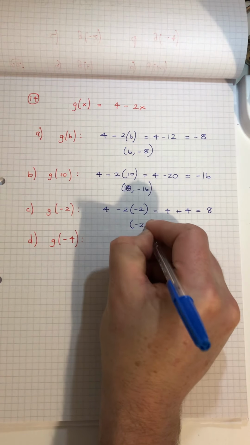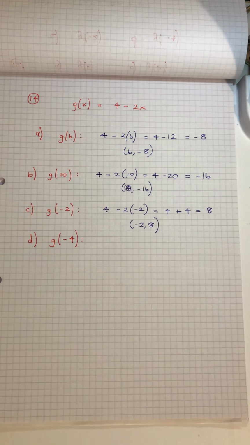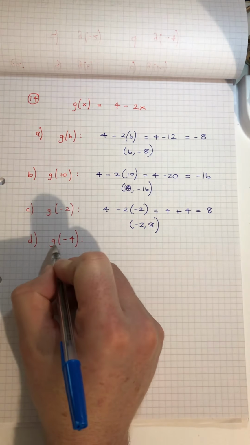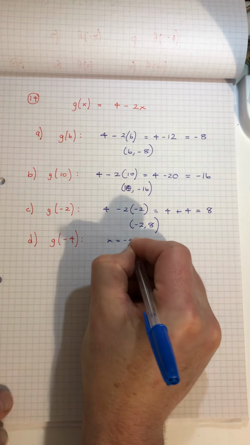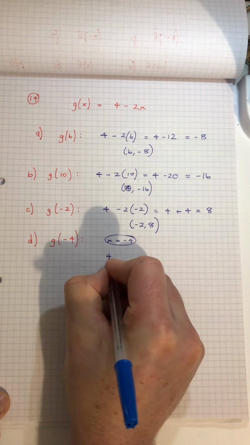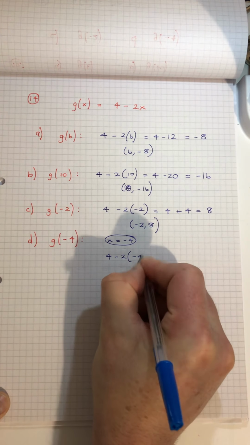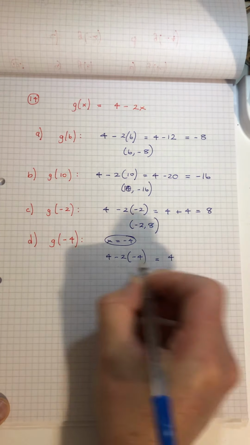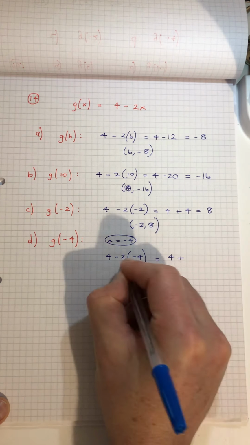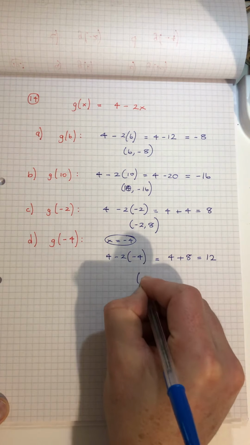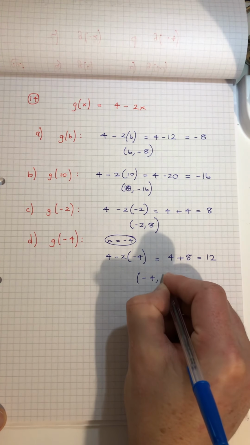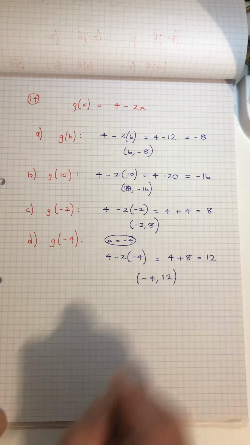So minus 2 and 8. And finally, when g of minus 4, so x is minus 4. Alright, so 4 minus 2, and in brackets minus 4, will be 4. 2 minuses give you plus, 2 4s are 8. 4 plus 8 is 12. So when you put in minus 4, you got out 12. Okay.